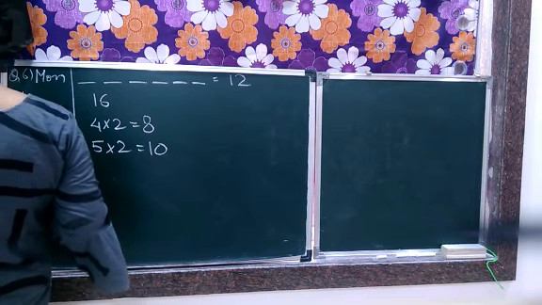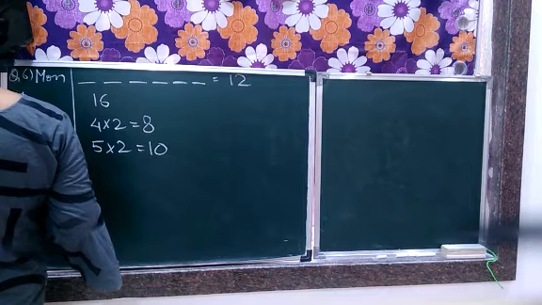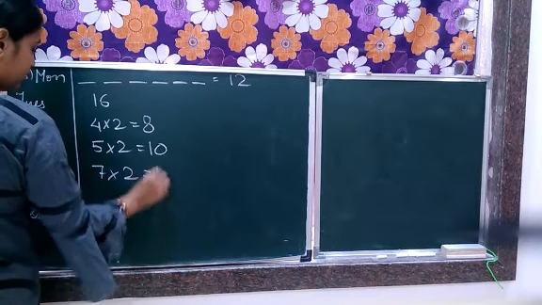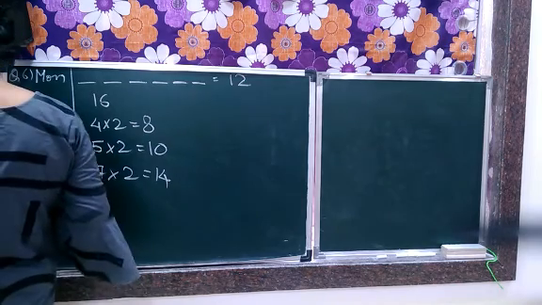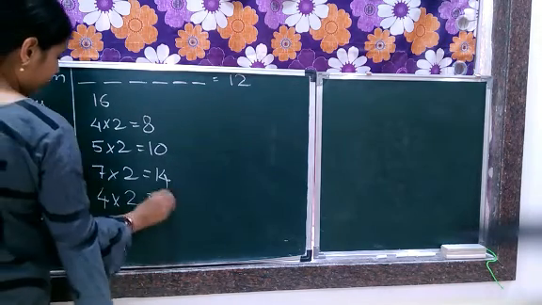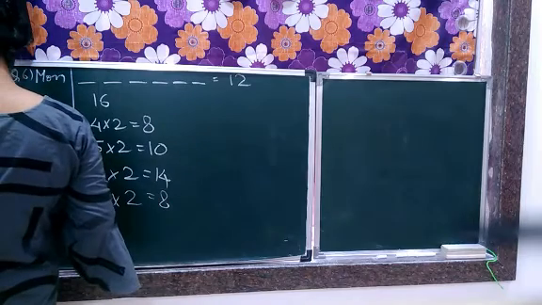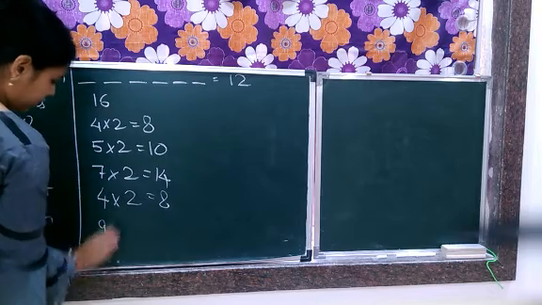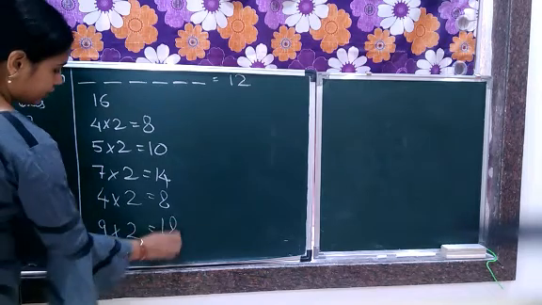Friday there are 1, 2, 3, 4, 5, 6, 7. 7 twos are 14. Saturday there are 4. So 4 twos are 8. Sunday there are 9. 9 twos are 18.